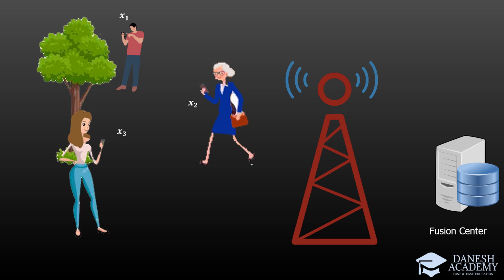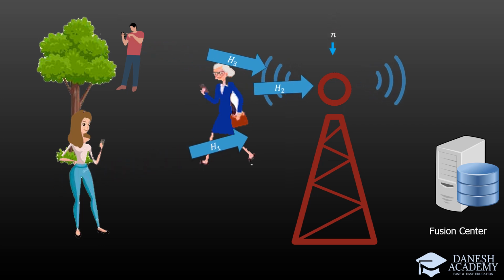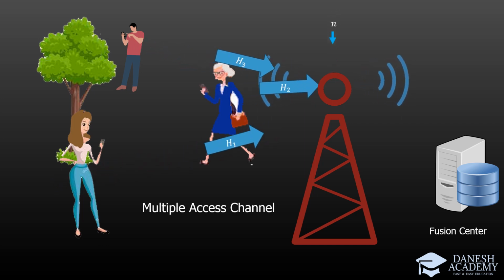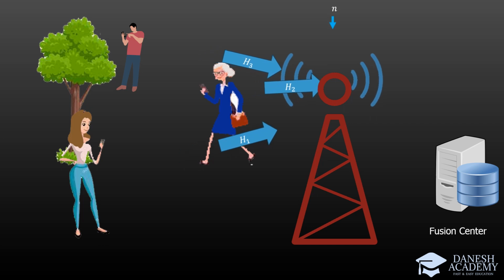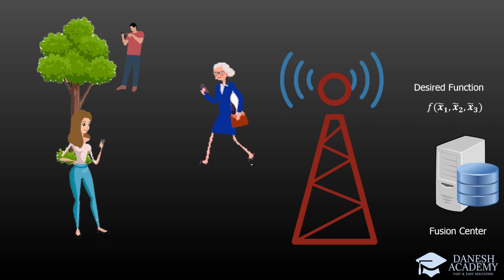In this case, the required data points are sent to a base station or an access point over a multiple access channel, where factors like fading, noise, and interference can affect its received signal. And then, once the transmitted data points are detected, they are forwarded to a fusion center or a computation unit for further processing the desired functions.